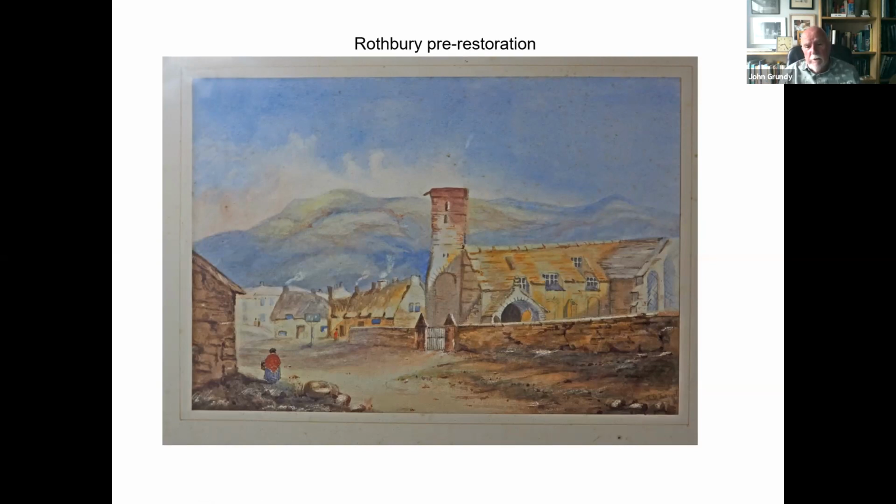But on a different note, it's a pity Rothbury doesn't look like that now. I love Rothbury, of course, but that's a fantastic picture, isn't it, of fine thatched cottages, and the church itself is so absurdly picturesque.